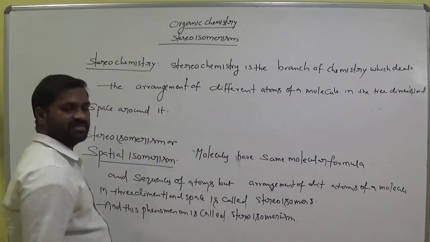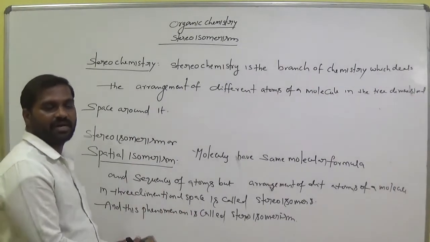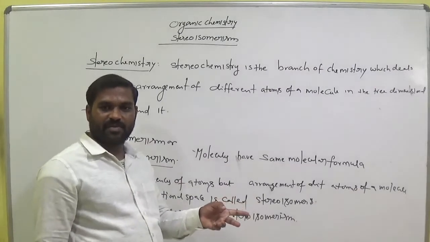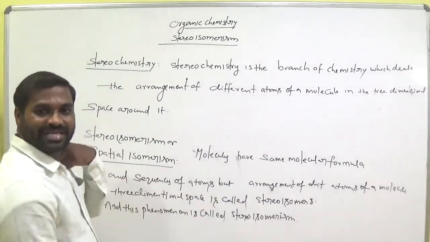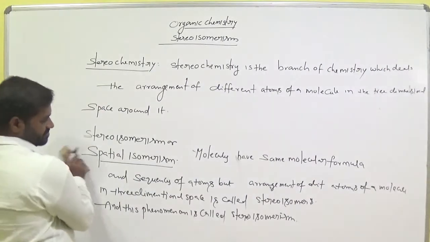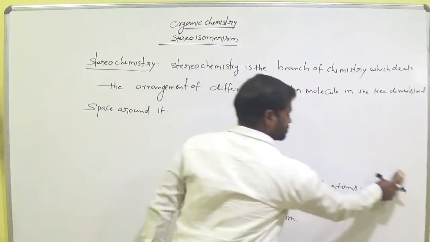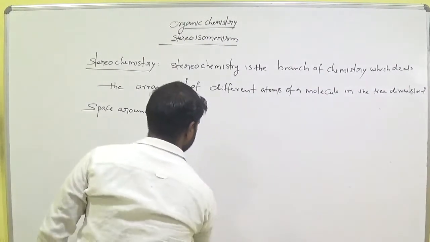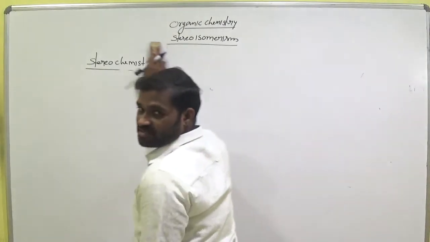Same definition: three-dimensional arrangement of atoms, but molecules having the same molecular formula. Two molecules having the same molecular formula, but the arrangement of atoms around the molecule is different, like methane. This is about stereoisomerism.